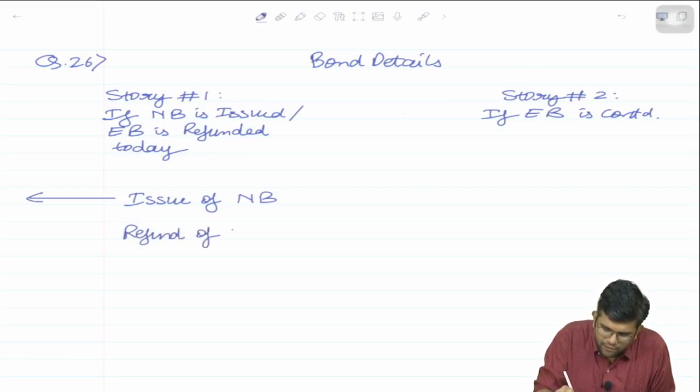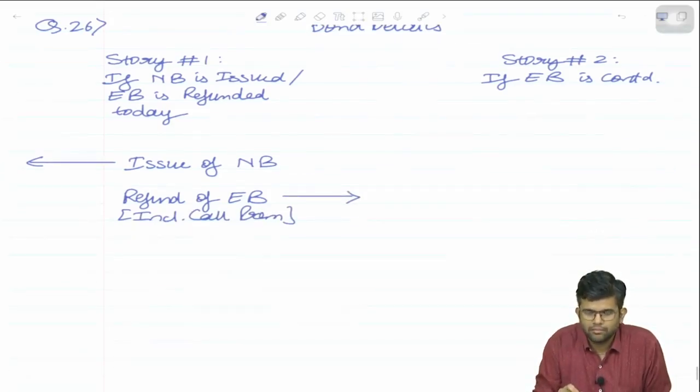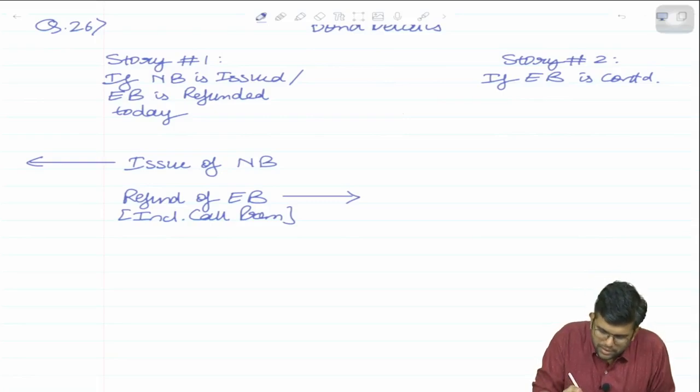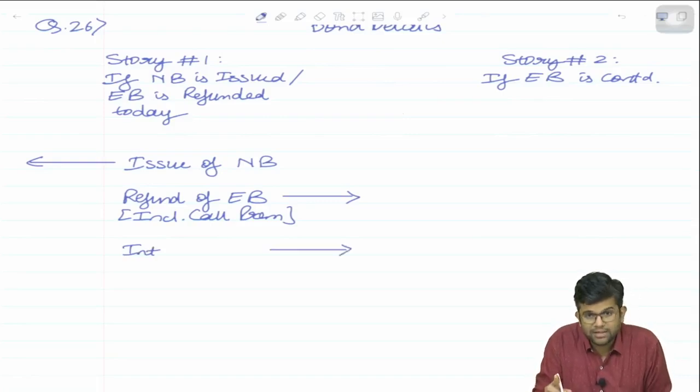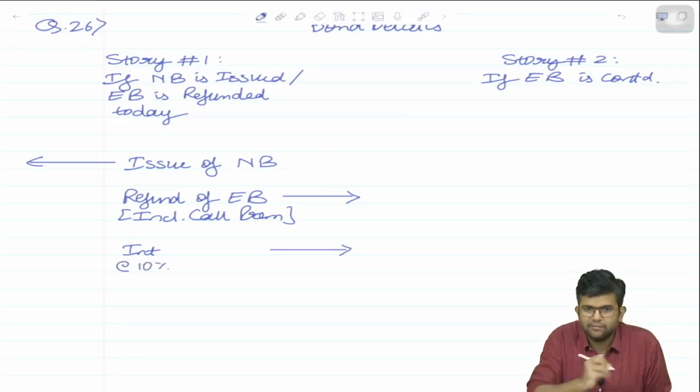Refund of existing bond including call premium will result in outflow. Interest which I will pay to Mahalakshmi at the rate 10%. Everybody clear? Interest at the rate 10% will be an outflow.